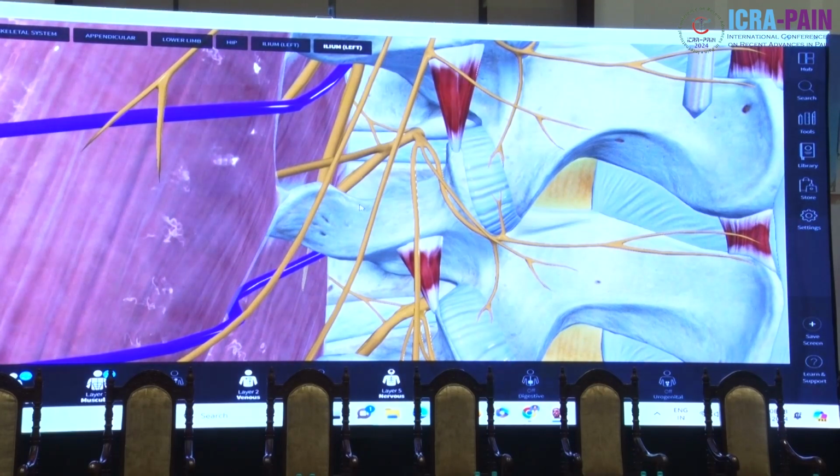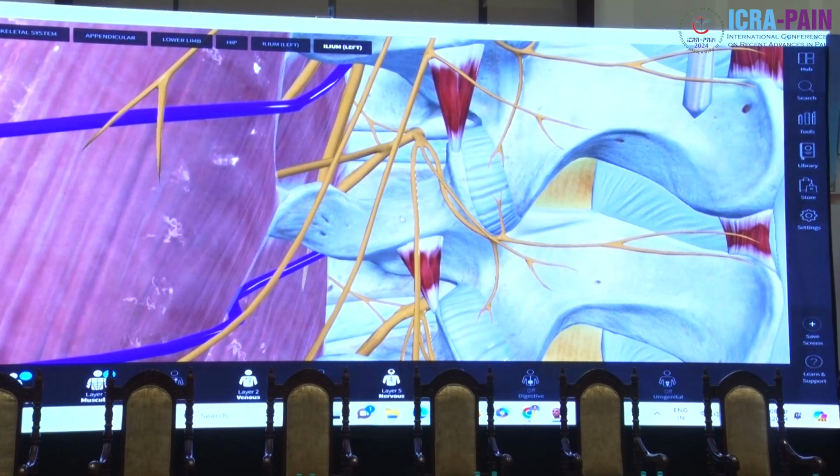But there is another block that is particularly important for pain physicians. It is almost similar, but the name is different. That is known as the dorsal ramus block. So what is the dorsal ramus block? Almost the same as the erector spinae block. There also we are putting the needle. For the erector spinae block, you can put the needle anywhere.